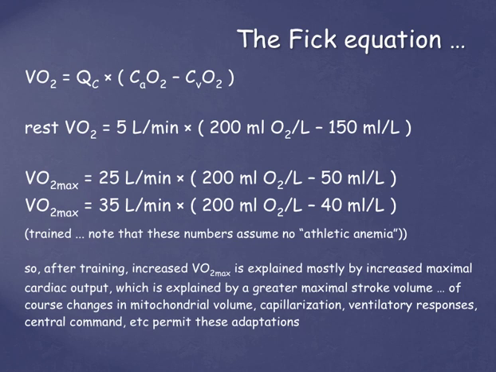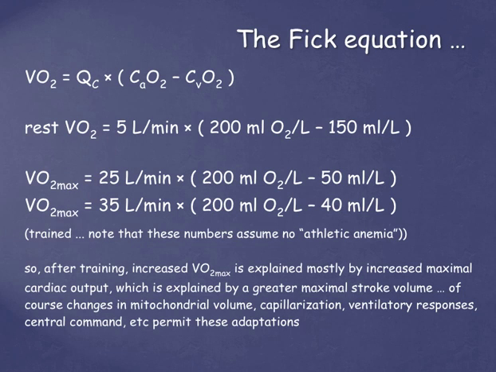Blood returning to the heart now has a partial pressure less than 40 millimeters of mercury, and the Bohr effect is influencing things. So blood coming back to the heart is only 25% saturated, only carrying 50 milliliters of oxygen per liter. And again, you can do the math and calculate what VO2 max is for a typical untrained person.